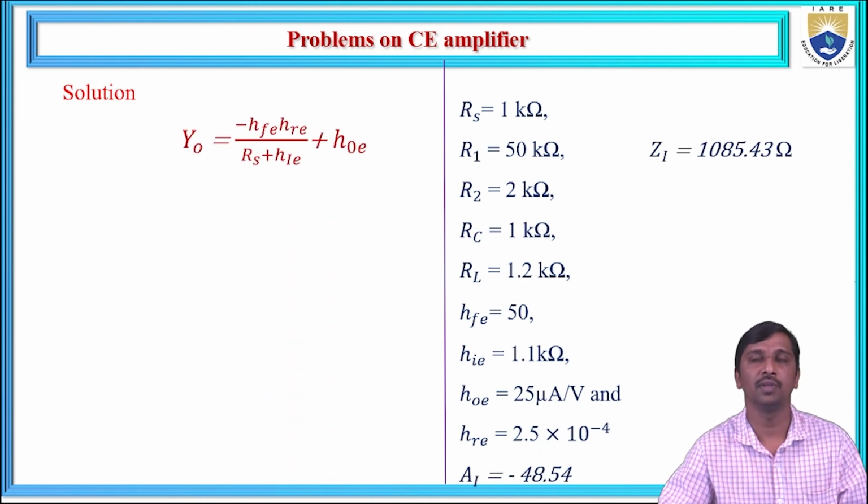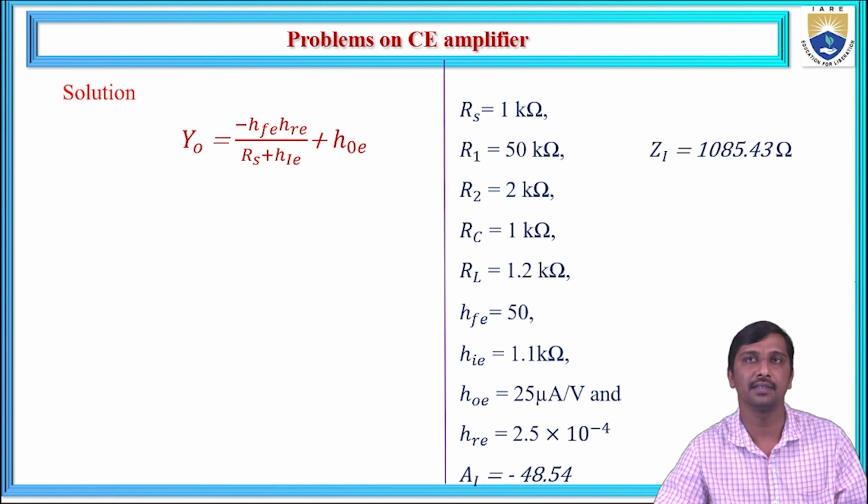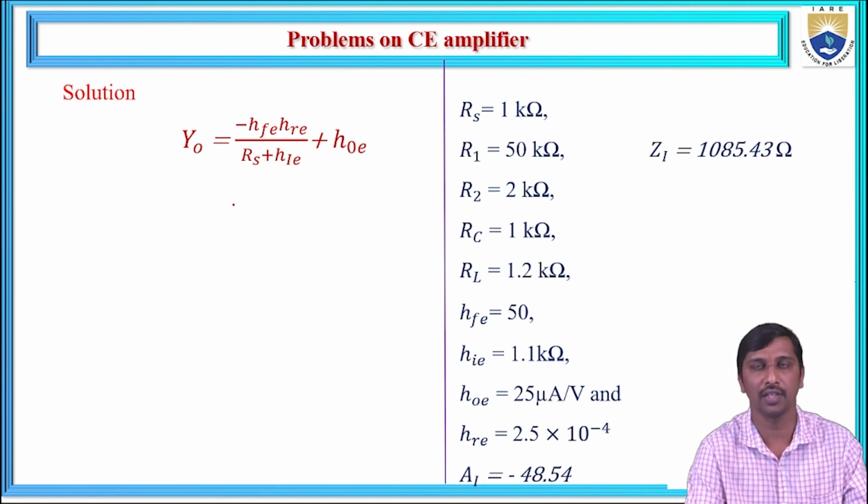Now again in the problem we mentioned the output admittance. From the exact model analysis, the output admittance of the common emitter amplifier is represented as minus hfe hre by Rs plus hie plus hoe.